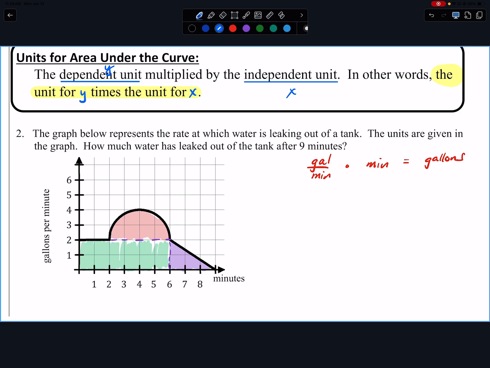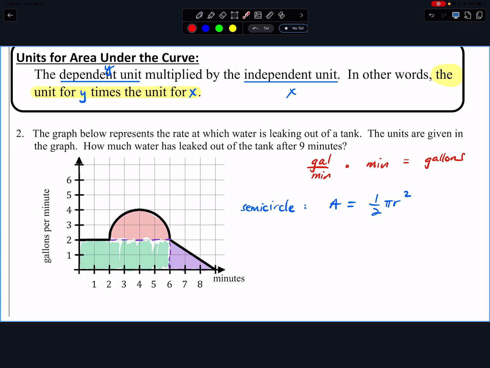So for the semicircle, let's start there. Do you guys agree that the area of a circle, if you don't remember, is pi r squared, right? But we're doing half of it. So it's going to be 1/2 pi r squared. So careful.